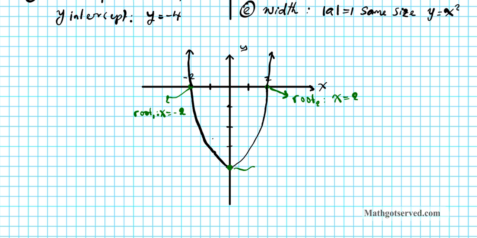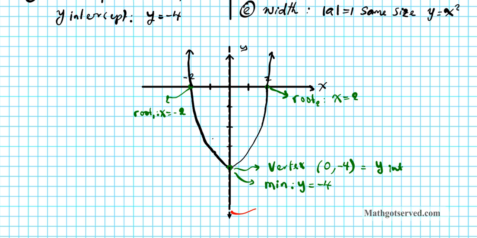And this right here, this is your vertex. Our vertex is 0, -4. And it is also your y-intercept. Okay, and guess what? This is your minimum value too. So your minimum value is y equals -4. And as if that wasn't enough, your axis of symmetry lies on that same line because the vertex falls on the y-axis.